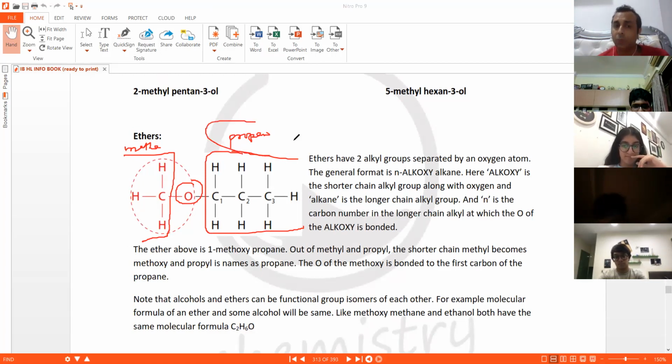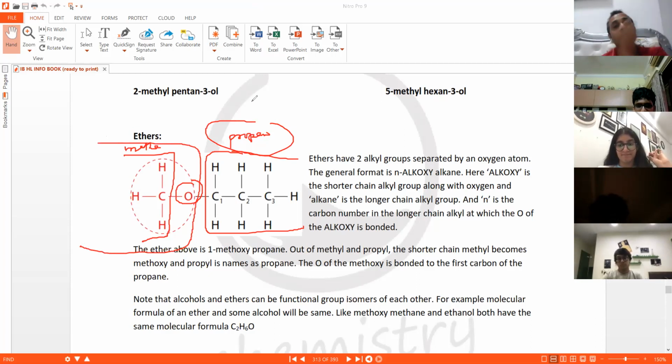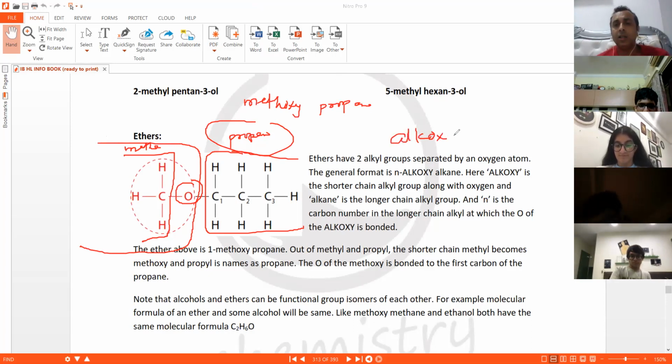So this is propane, in which there is a methoxy. That's why it is methoxypropane. The longer chain is written as it is, the alkane, and the other one becomes the alkoxy. So in general the name is alkoxy alkane, where the alkane is the longer chain and the alkoxy is the shorter chain.